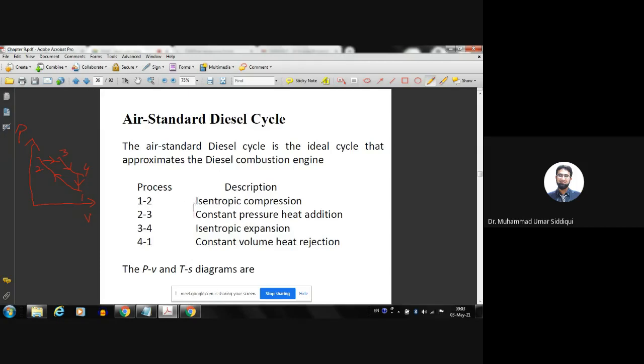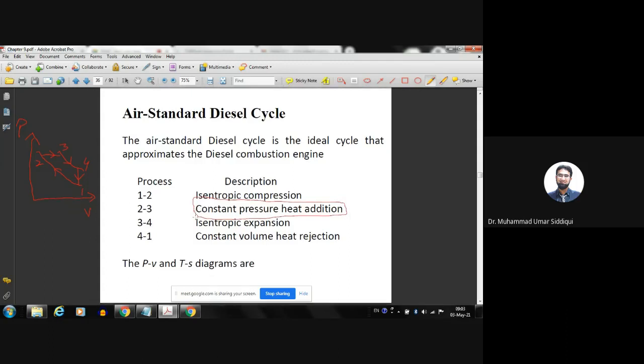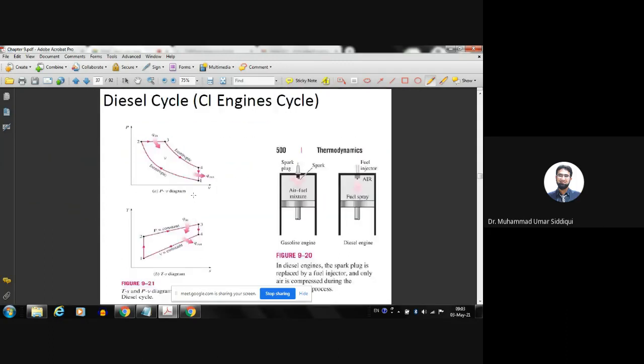That's the only difference. So in terms of the PV diagram it would look like this. You're going to have a horizontal line and a vertical line. Okay, so that's a constant volume process, and this is a constant pressure process. And then obviously the compression and the expansion both remain isentropic.